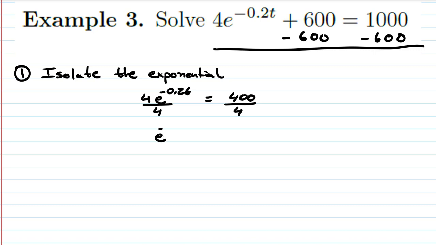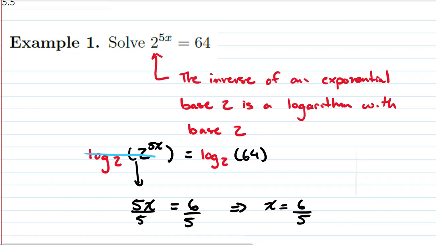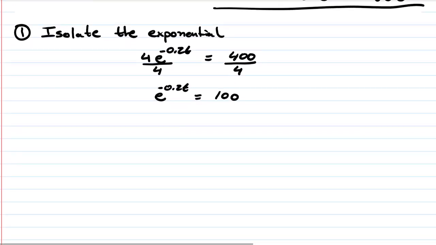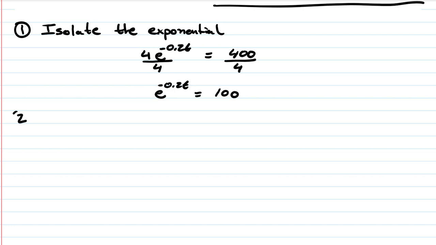We have e to the negative 0.2t is equal to 100. So after we've isolated the exponential, we'll notice that it is just like examples 1 and 2. So now our next step then is to use the inverse to solve.